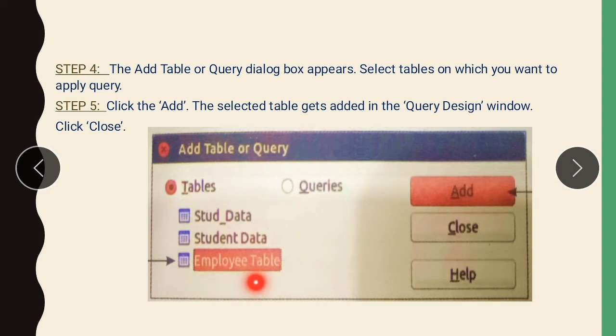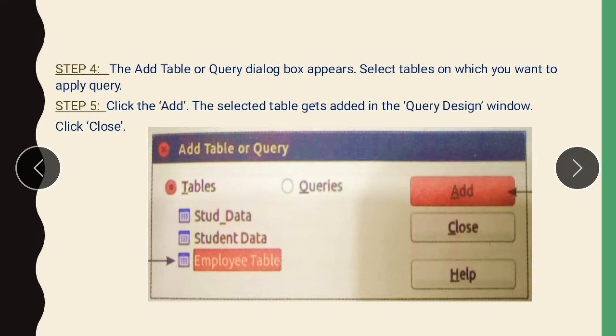If you want to add multiple tables, first you select the first table, then click on add button. If you want more than one table, click the second table, again click on the add button. Like that you can add multiple tables according to your wish or requirement. After adding, you can click on the close button.